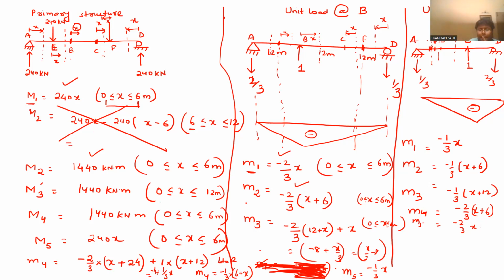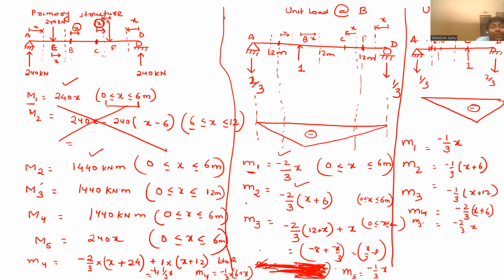If we go from left to right, then the limits would be from 24 to 36, I guess. Why? What is your starting position of x? 0.